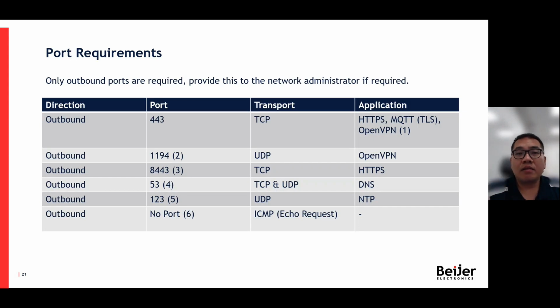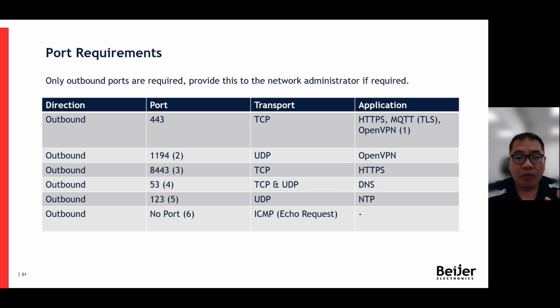Another set of common questions is that when you install the Cloud VPN on a corporate network or your customer's network, their IT department might request information regarding the ports that the Cloud VPN requires to work. We have summarized the list of ports required here. Notably, you need to open port 443 for the standard HTTPS and MQTT connection that we use.